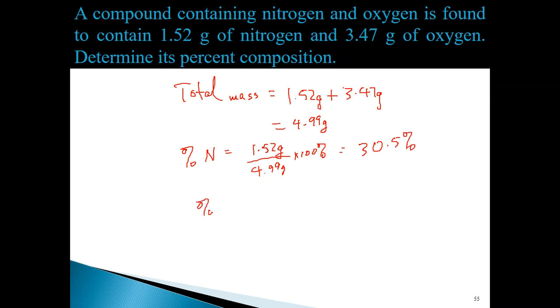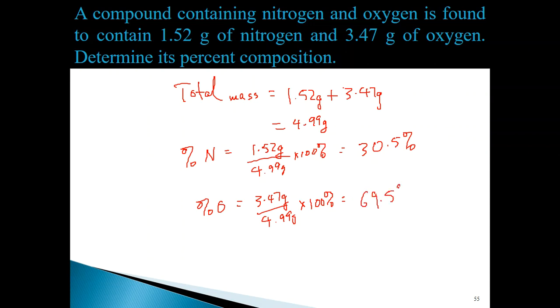And the percent of oxygen is equal to 3.47 grams divided by 4.99 grams times 100%. So 3.47 divided by 4.99 times 100, and according to my calculation, this works out to be 69.5.